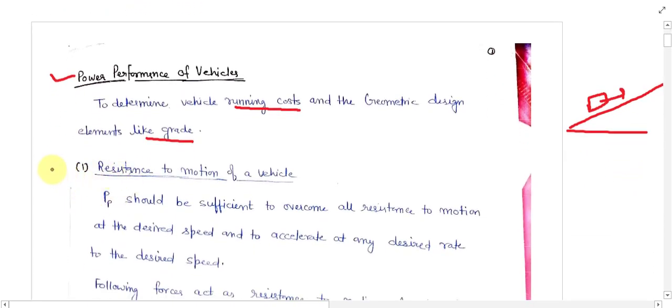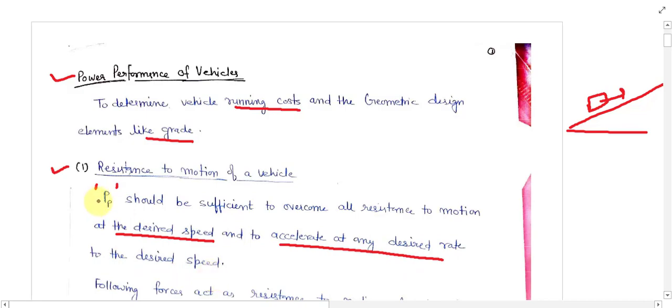Inside this, the first point is the resistance to motion of a vehicle. PP stands for the power which is sufficient to overcome all resistance to motion at the desired speed and to accelerate at any desired rate to the desired speed.